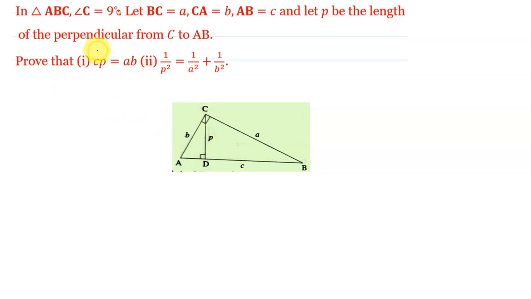Then prove that cp is equal to ab and 1 upon p square is equal to 1 upon a square plus 1 upon b square.